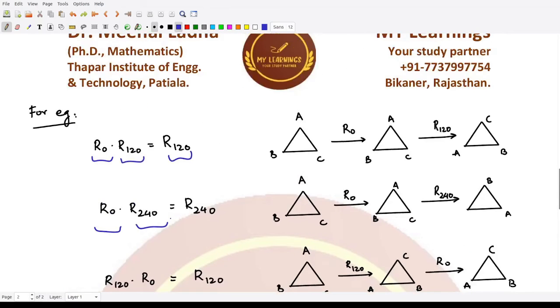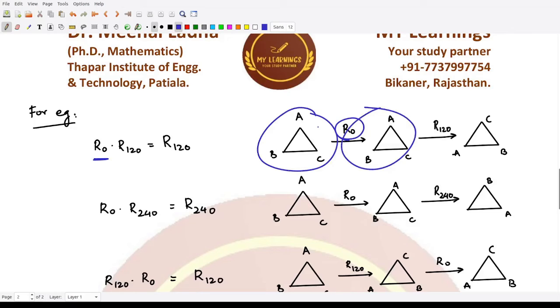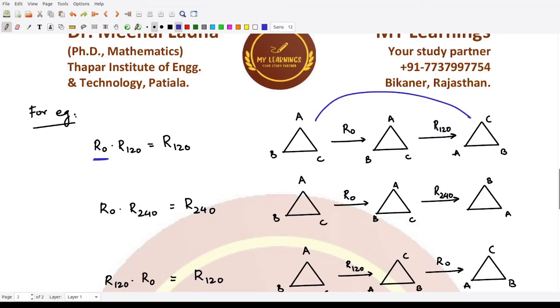In the first case, we first take rotation by R0, 0 degrees, so the triangle would be the same, right? Next, when we apply R120 to it, A would go to B, B would go to C, C would go to A. So we have this triangle. Overall we have the result R120. So rotation followed by rotation is again a rotation.